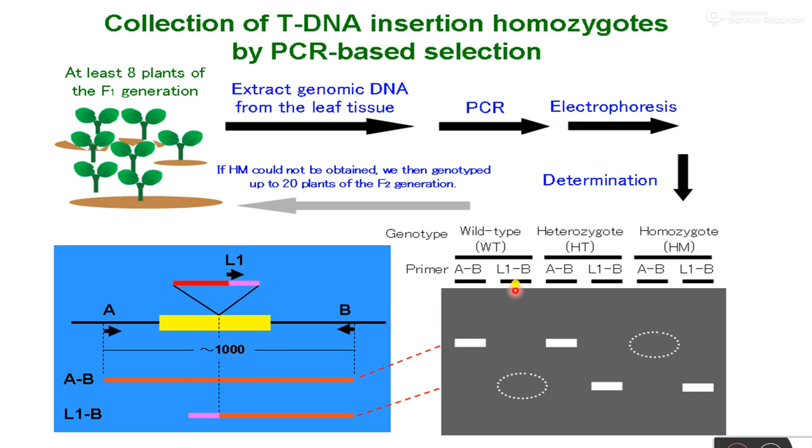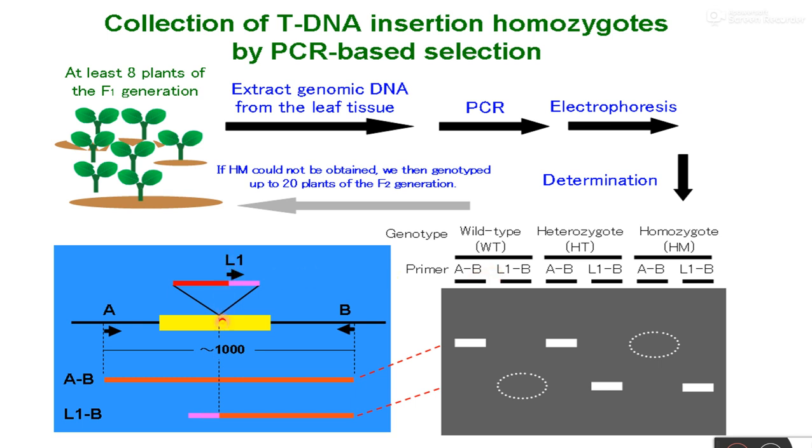But with primer L1 and B, we will not get any band. Why? Because in both the homologous chromosomes in wild type lines, we are not supposed to have mutant genes.